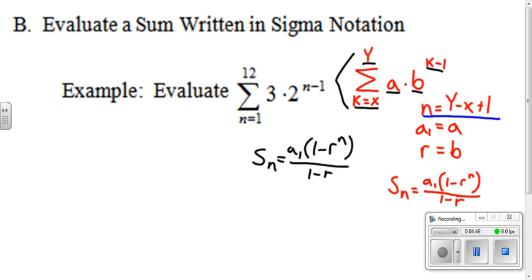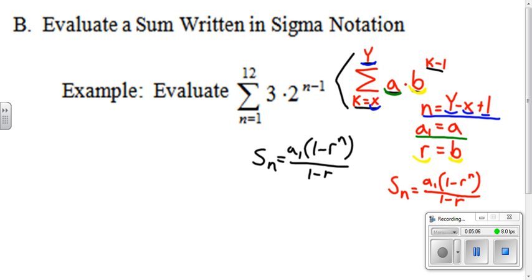N is y minus x plus 1, where y is on top and x is this value right here. Our a sub 1 is just this a value right here. And our r value is the b value, the one that's being raised to the power.